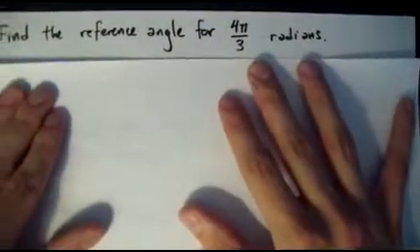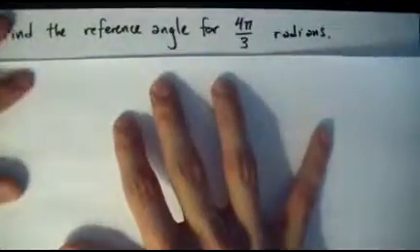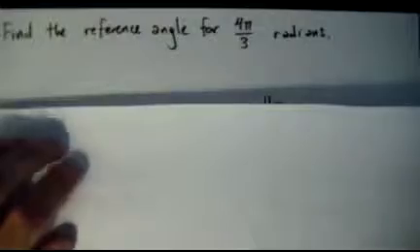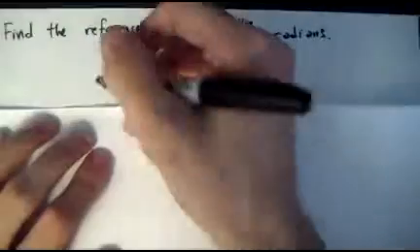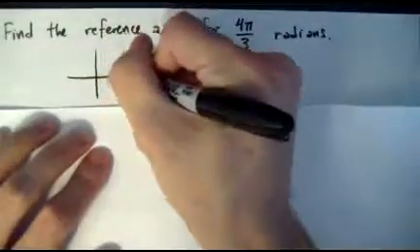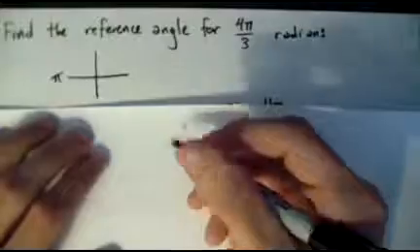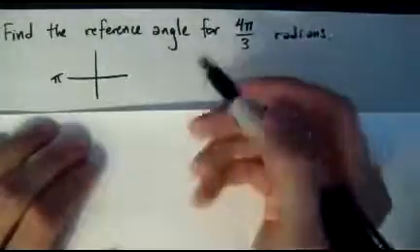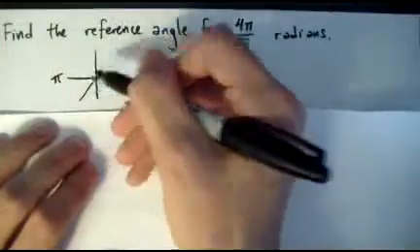Now let's think about reference angles in radians. With 4 pi over 3 radians, let's think about which quadrant it falls in. Remember, in radians, pi is over here. That's half a rotation, pi radians. So 4 pi over 3 is a little bit more than pi, and lies somewhere over here.